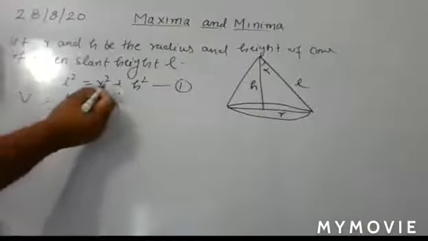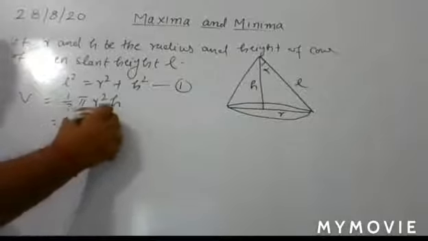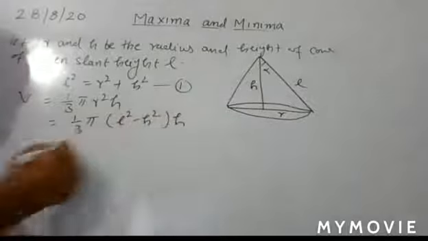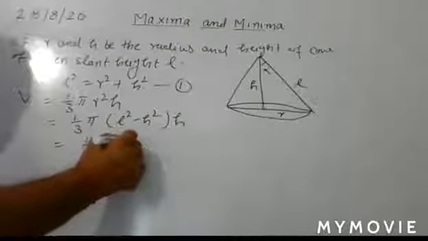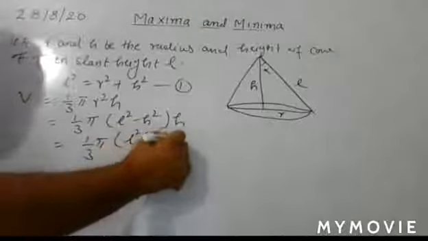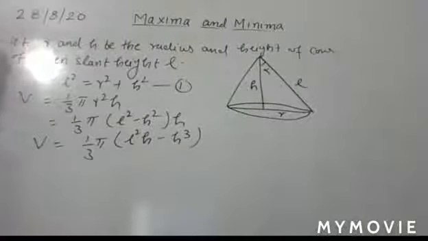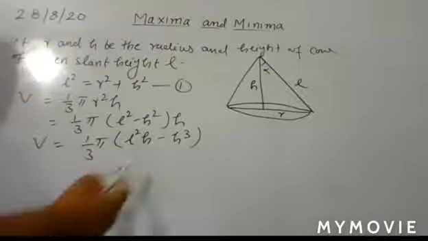Now putting the value of R square from first equation. So you have 1 upon 3 pi into L square minus H square into H, which is also equal to 1 upon 3 pi into L square H minus H cube. So that gives the value of volume. And here L is taken as constant and H is variable.